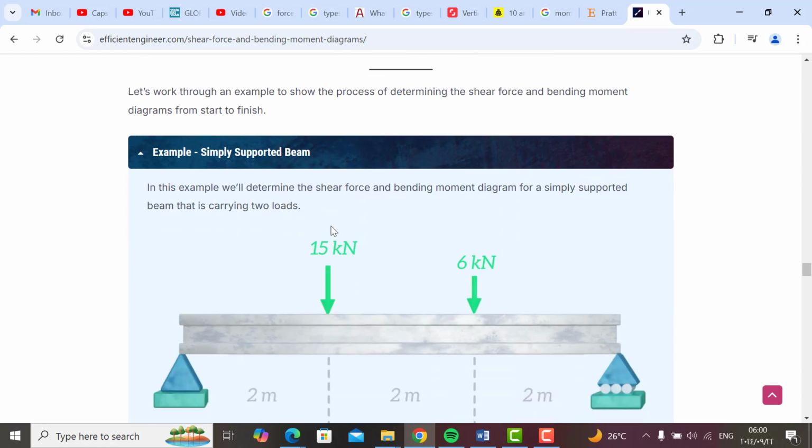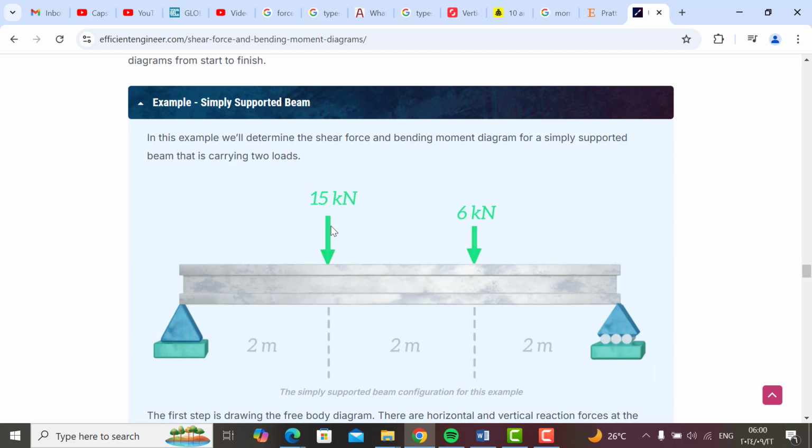Here we have an example. This is a good example. We have two supports. One does not allow horizontal or vertical displacement, and the other does not allow vertical displacement.